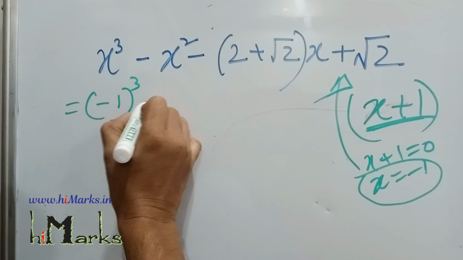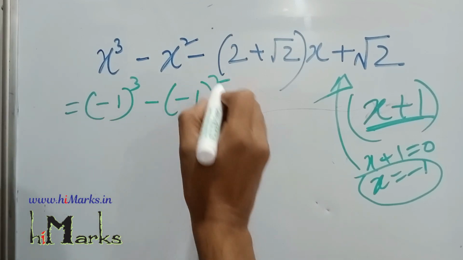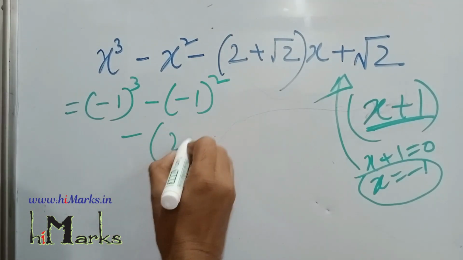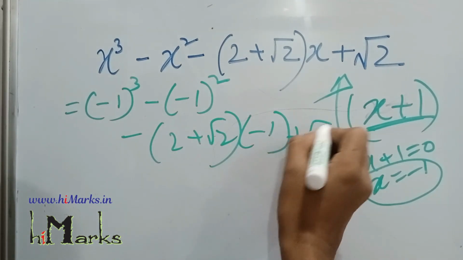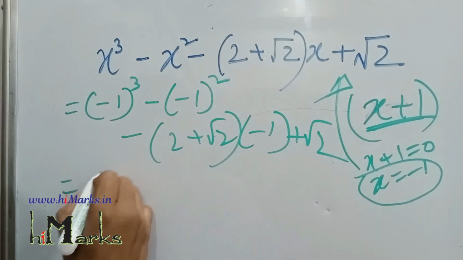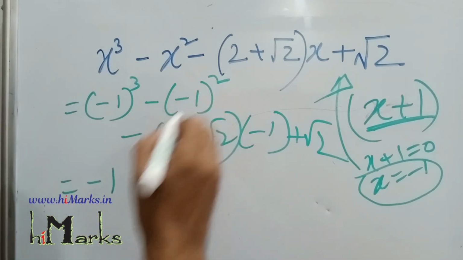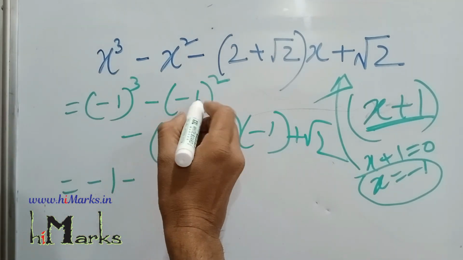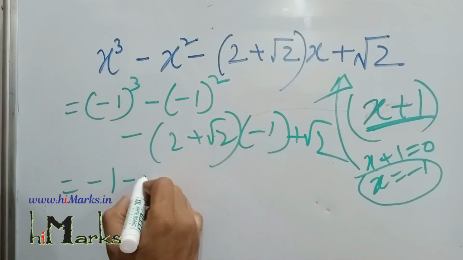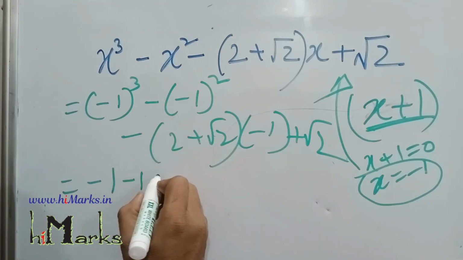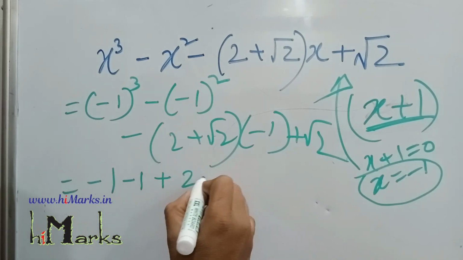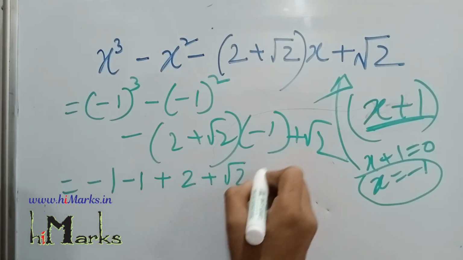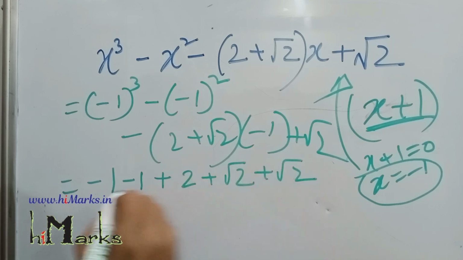Minus 1 to the power cube, minus 1 to the power square, minus 2 plus root 2, and here is minus 1 plus root 2. So this gives minus 1, this also gives minus 1 since 1 square is plus but with the minus it is minus 1, and here minus and minus is plus, so it became 2 and root 2 plus root 2.